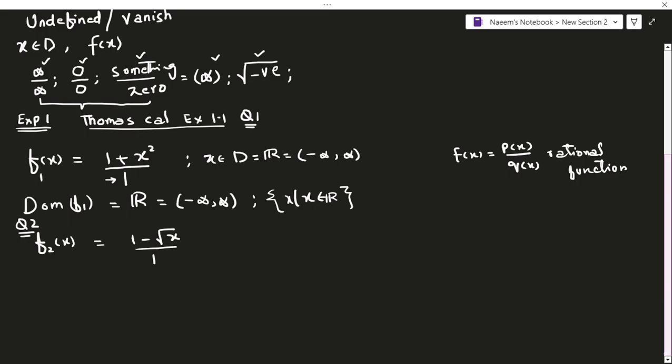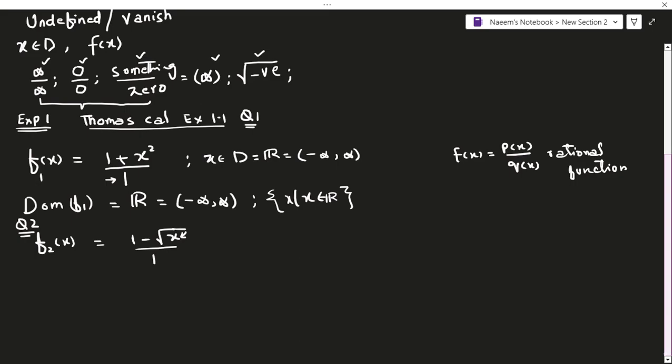So there is a chance of this thing. If you put any negative x, then this function will vanish. Please be specific. This function will vanish if we have a square root type function, and this function will vanish when we put something negative inside the square root. So we have to check what is inside the square root.